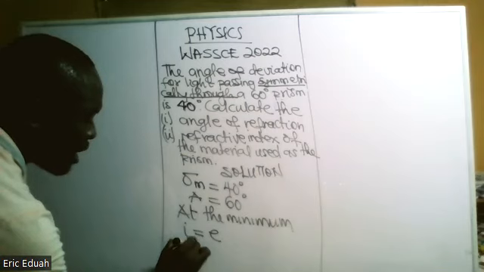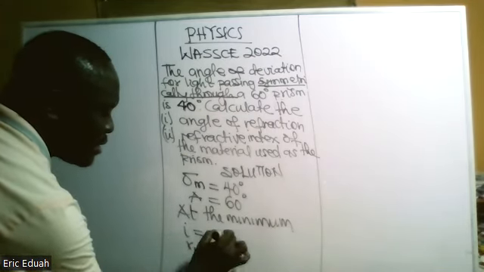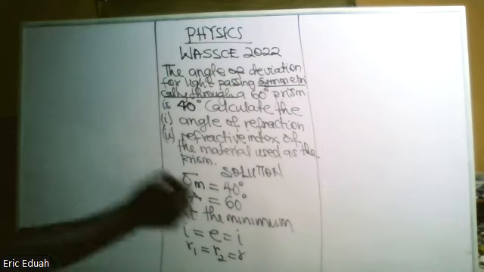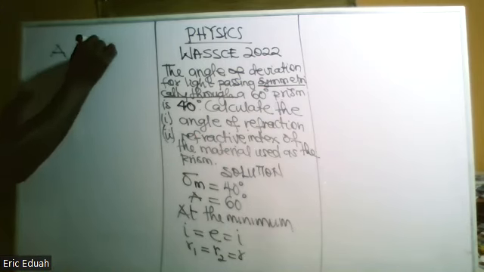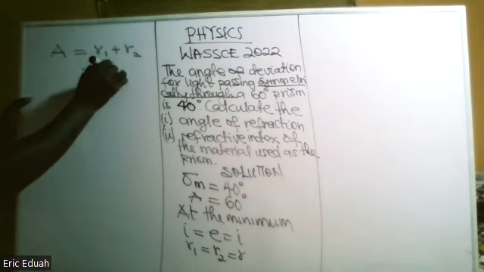Then 2, R1 is equal to R2. This is R, this is I. These are what happens at the minimum deviation. Then it implies that the angle of the prism A, which is equal to R1 plus R2, will simply be equal to 2R.